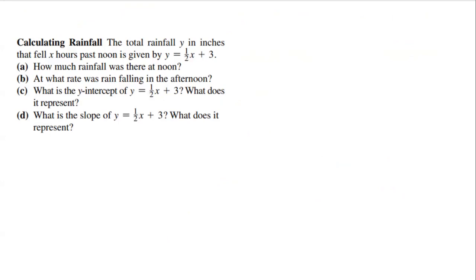Okay, so before we tackle this problem, we need to understand the slope-intercept form. What does it mean? If we don't understand that, then we're not going to understand how to do this problem, right? So we have y is equal to mx plus b.